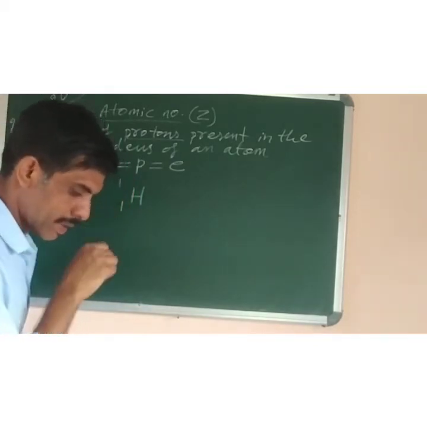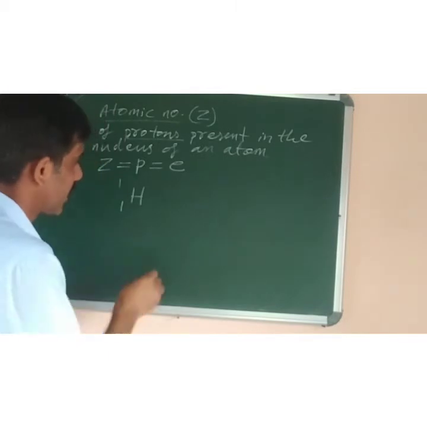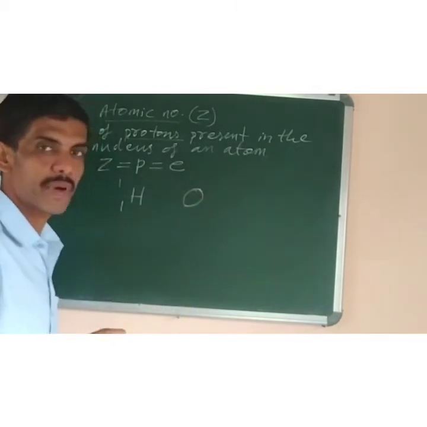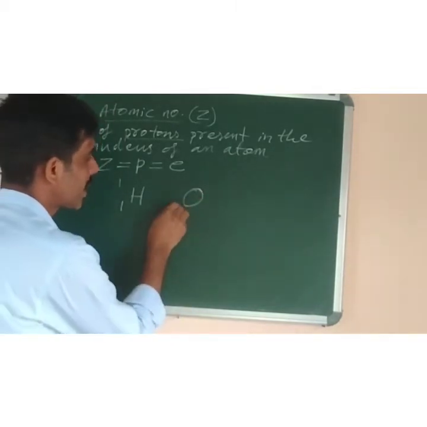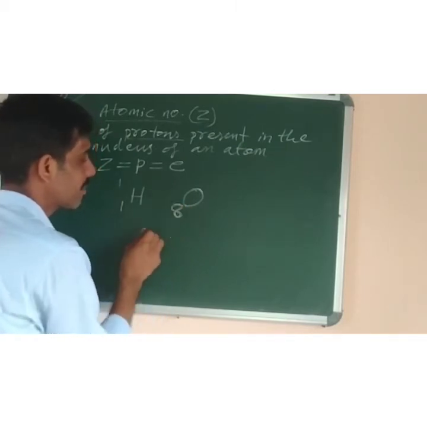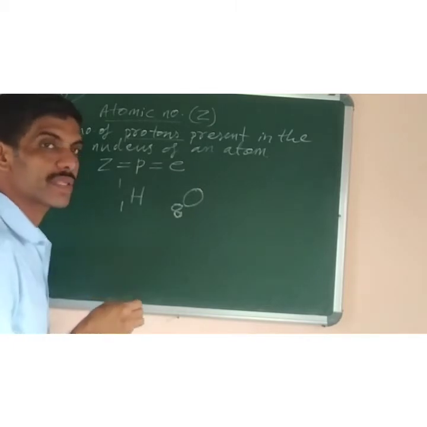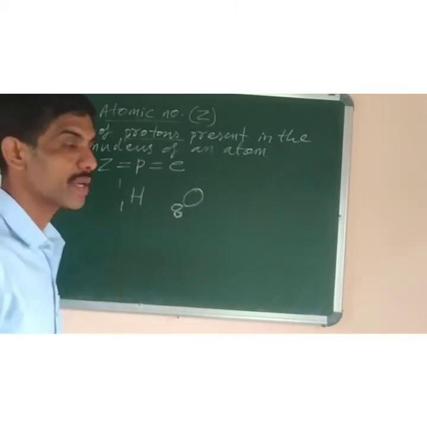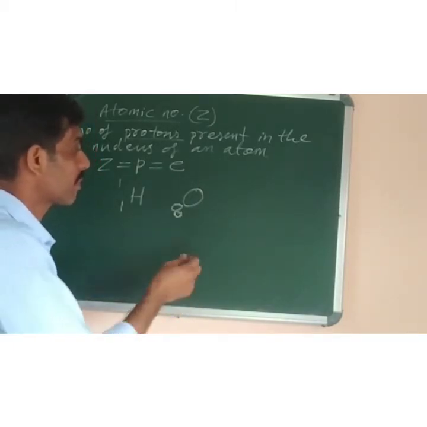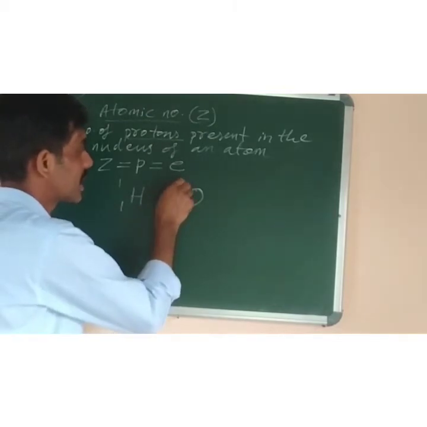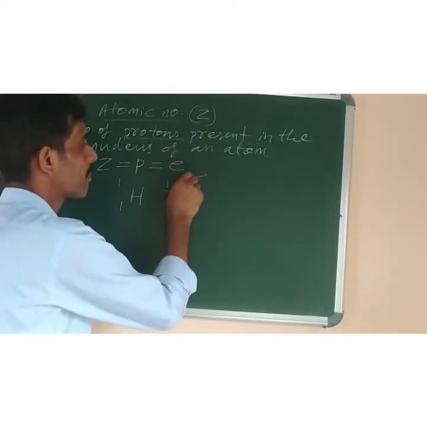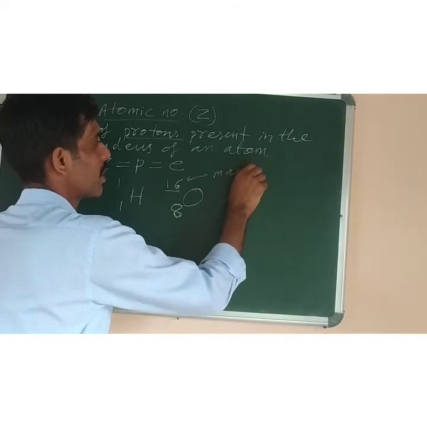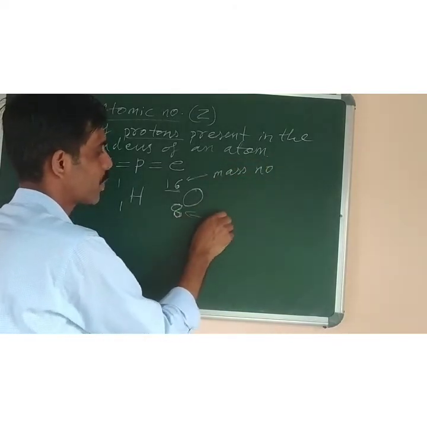But now next, if I write oxygen, the next element, the symbol of oxygen is O. Atomic number is written here as subscript, that is atomic number is 8, so we write 8 here. And the mass number of oxygen, because number of neutrons is also 8, so mass number is equal to number of protons plus neutrons. So 16, this is the mass number, and this one represents atomic number.